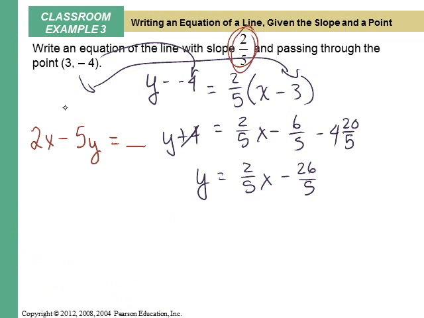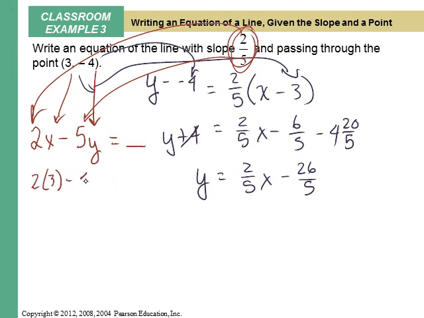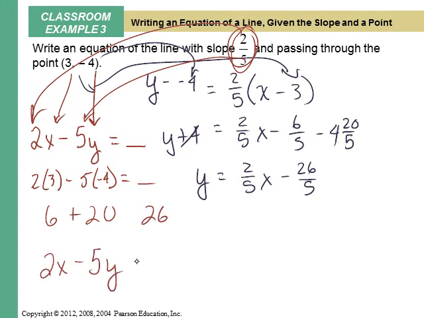Because the slope we can translate into this if we change the sign. But we need to know what that something is by substituting in here and here. So we would have 2 times 3 minus 5 times negative 4 equals what? 6 plus 20 is 26. So another equation that's similar to the one that we just wrote is 2x minus 5y equals 26.